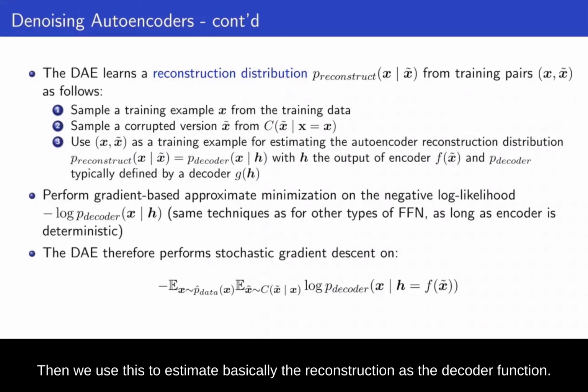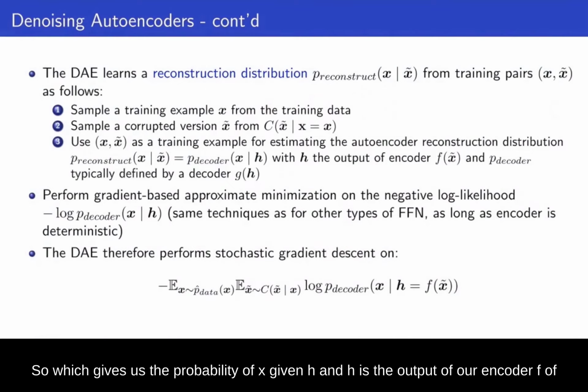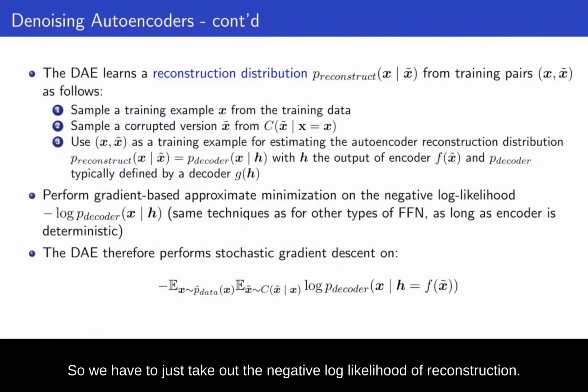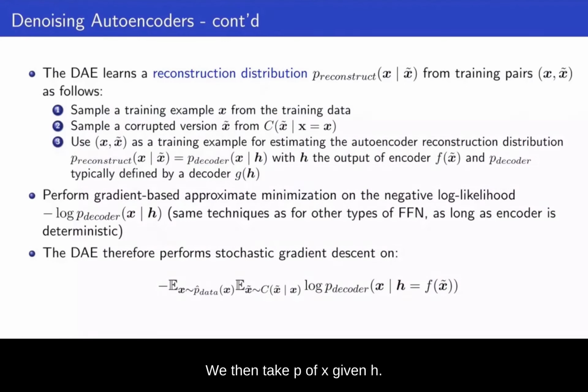Then we use this to estimate the reconstruction as the decoder function, which gives us the probability of x given h, where h is the output of our encoder f of x tilde. So we can do a gradient based minimization. We just take the negative log likelihood of our reconstruction, p of x given h.